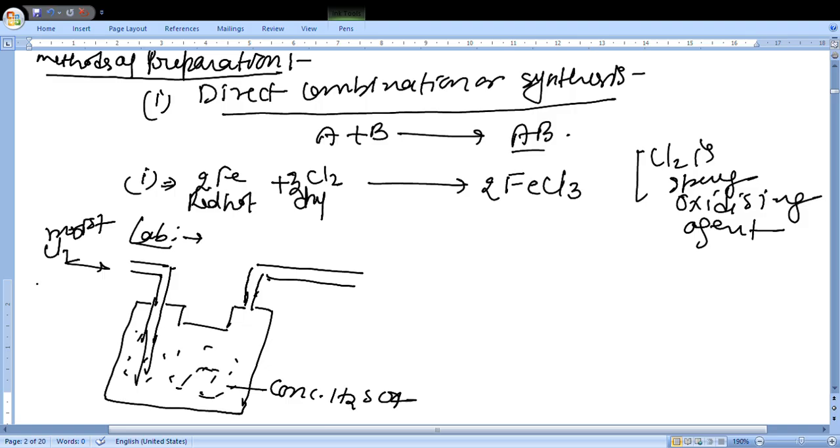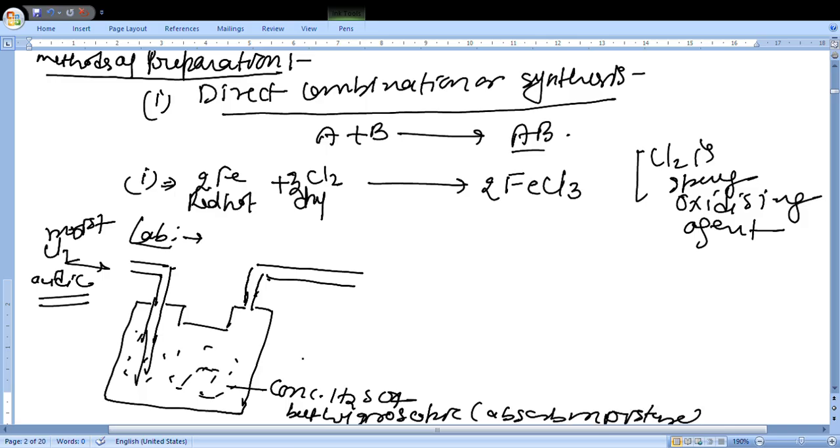This chlorine is an acidic gas, sulfuric acid is also acidic, but hygroscopic. What does it mean? It will absorb moisture from chlorine, so that there should be no HCl present there.